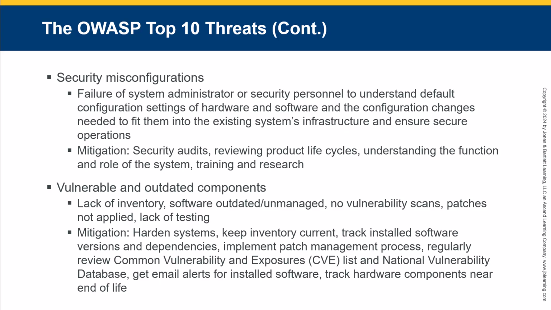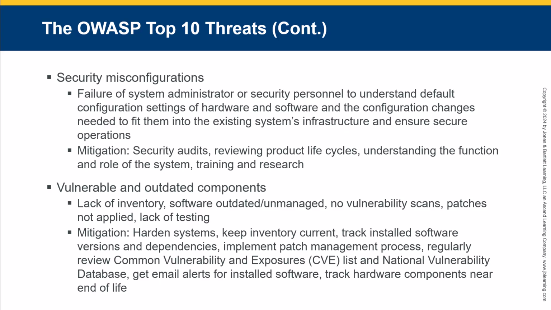After that, we have vulnerable and outdated components: lack of inventory, outdated software, unmanaged software, no vulnerability scanning, patching not actually being applied, and a lack of testing and verification. A lot of the last major threats have been because things were outdated, never scanned, and patches were 6 months behind.